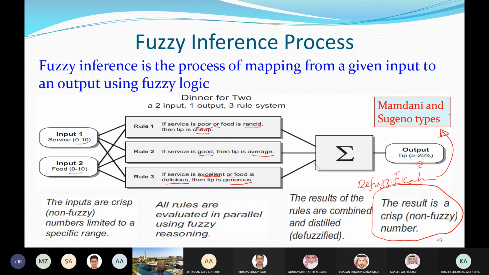You have Mamdani type or Sugeno type. This method is used to defuzzify, convert from linguistic variables or linguistic values to a numerical value. So we will discuss these two methods in details later.